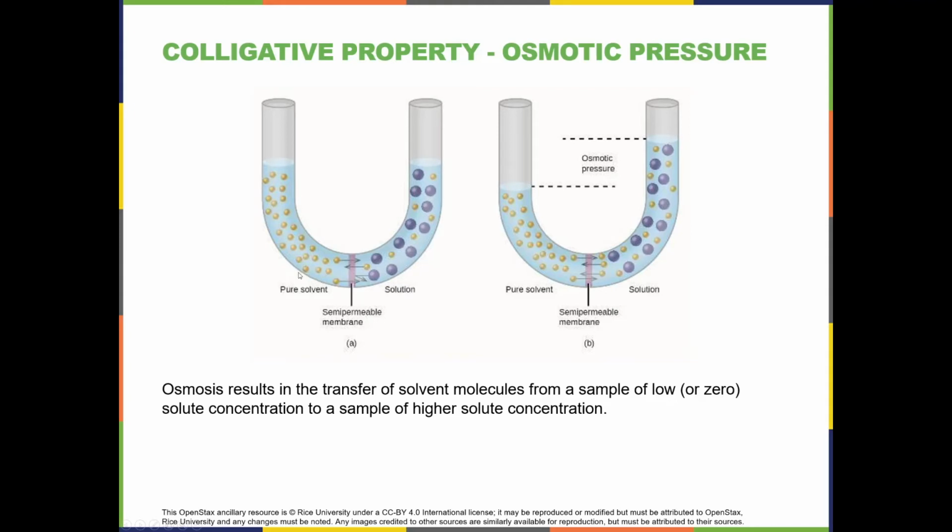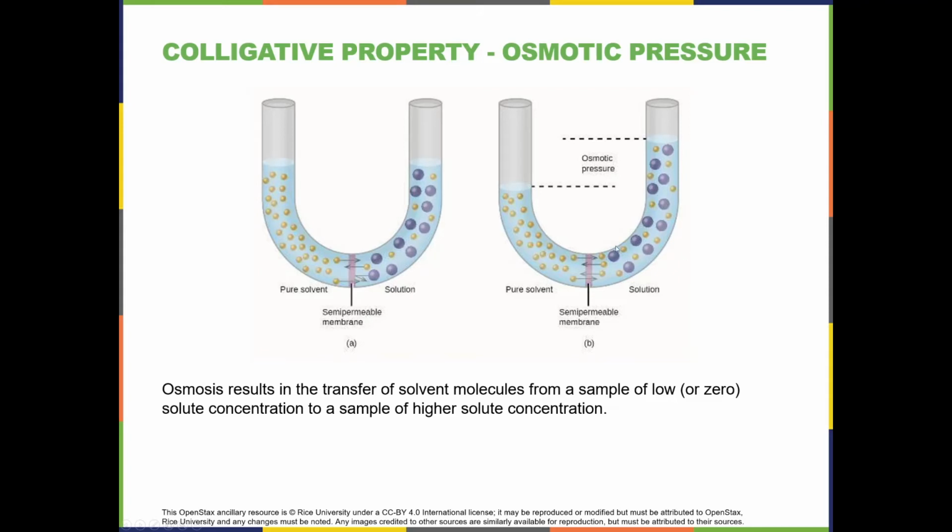The reason for that is you could think of these solute particles as little magnets. So the solvent is attracted to them and it crosses over. A general way of thinking about this is nature tends to dilute. So the water molecules flow towards the higher concentration, thereby diluting the higher concentration on this side.